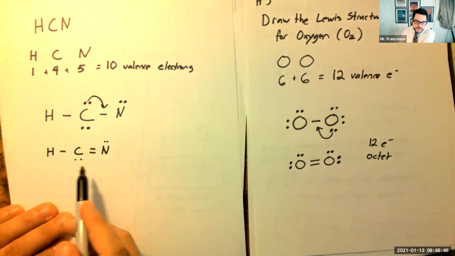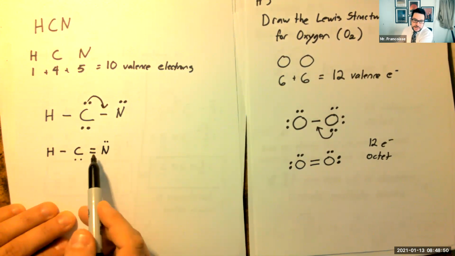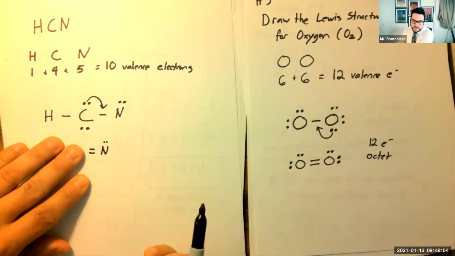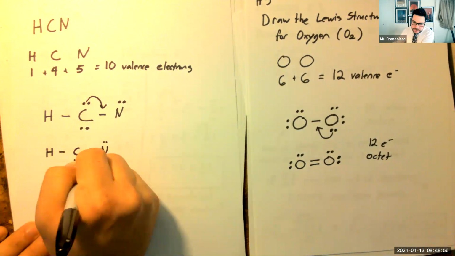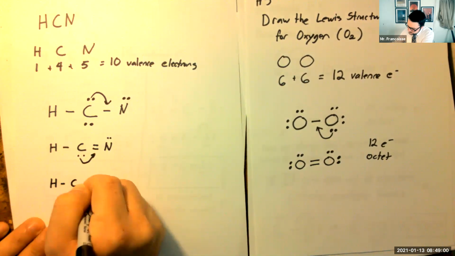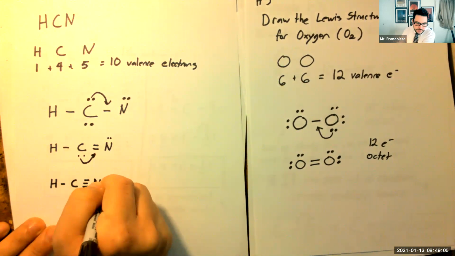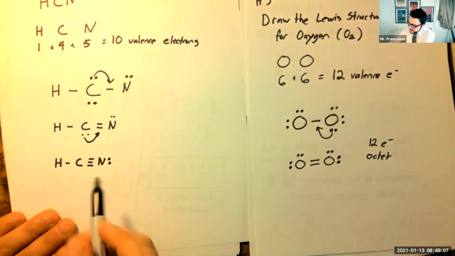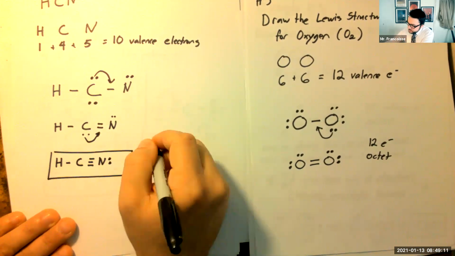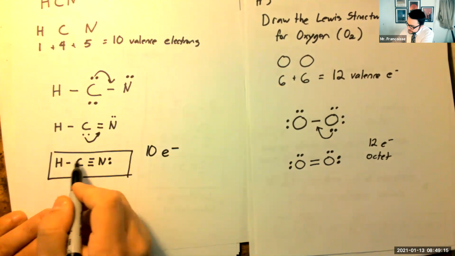So if we look at this, carbon center still has 2, 4, 6, 8, but now nitrogen has 2, 4, 6. So it's better. It still needs 2 more. So we're going to make another bond. So we should get this compound here because we check for 10 electrons. 2, 4, 6, 8, 10.